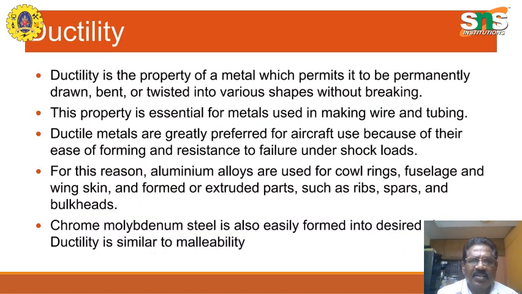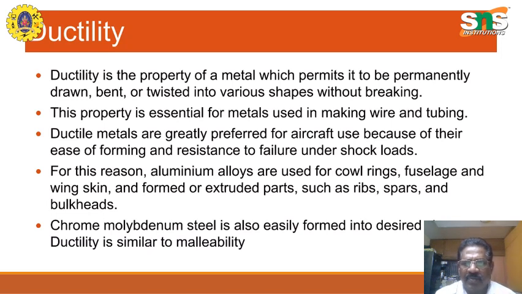Ductility. Ductility is the property of a metal which permits it to be permanently drawn, bent, or twisted into various shapes without breaking. This property is essential for metals used for making wires, tubing, etc. Ductile metals are greatly preferred for aircraft use because of their ease in forming and resistance to failure under shock loads.